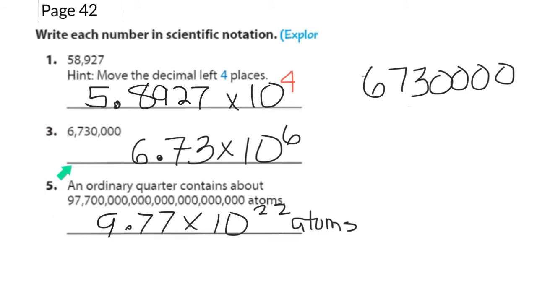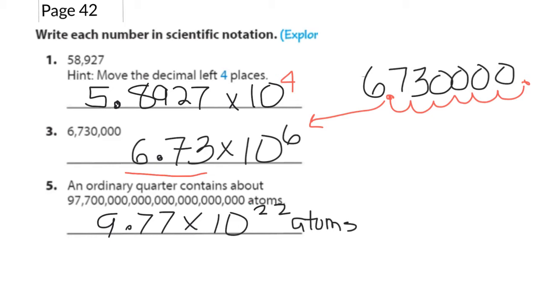Okay, so here are my answers for 3 and 5. Looking at problem 3, I rewrote it over here. So what I did was I located my decimal point and moved 1, 2, 3, 4, 5, 6 spaces. I kept my significant digits, dropped all those zeros, and my 6 spaces is my 6. Now let me tell you, on problem number 5, I'm not writing that one over again.